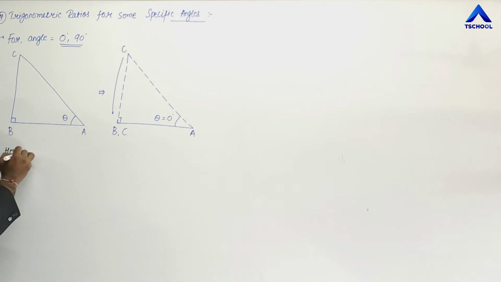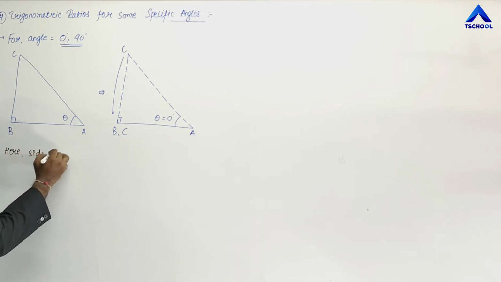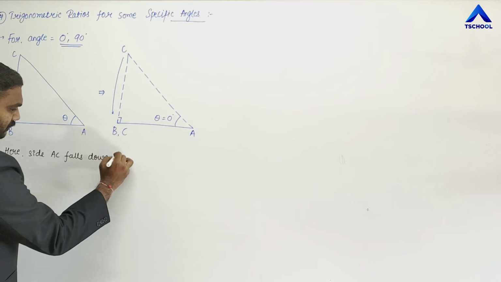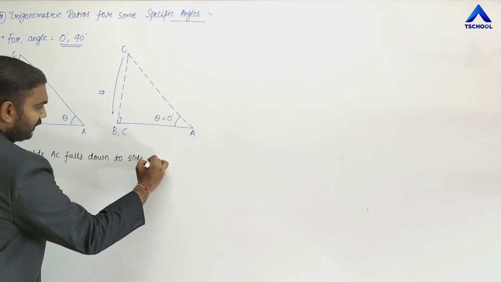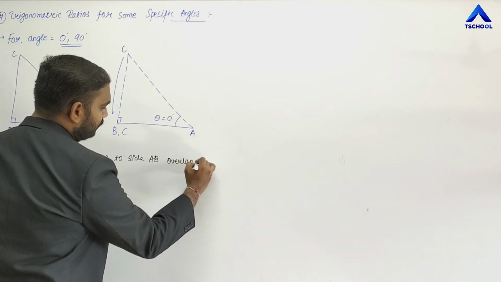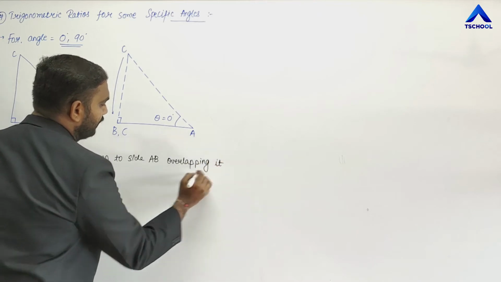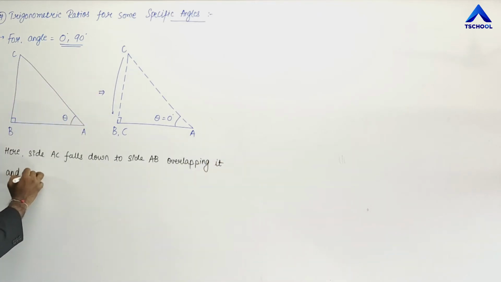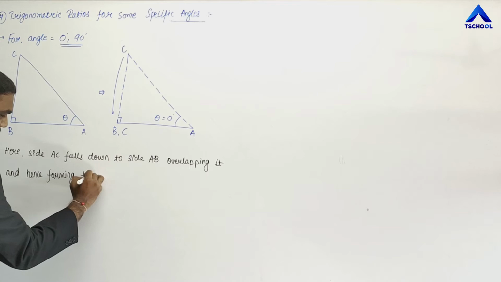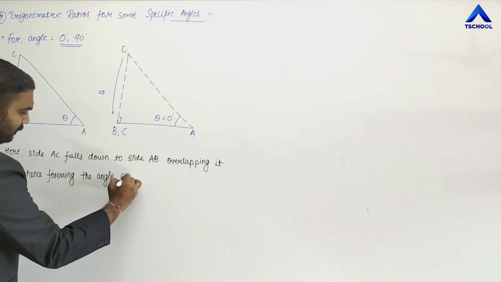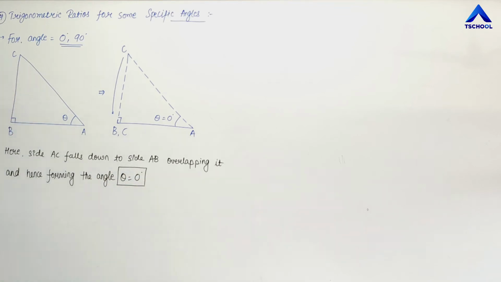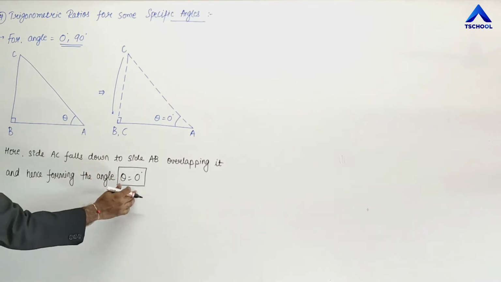That here side AC falls down to side AB, overlapping it, and hence forming the angle theta equals to 0 degree. So this angle theta equals to 0.